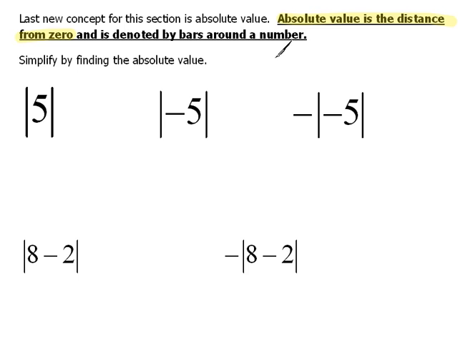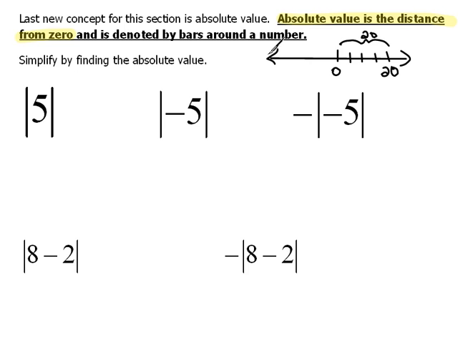So for instance, if I were to draw out a number line, and I had 0 here, and let's say these are in increments of 5. So 5, 10, 15, 20 would be over here. If I want to know what is the absolute value of 20, I'm asking you how many units is 20 from 0? Well, it would be 20 units, wouldn't it?